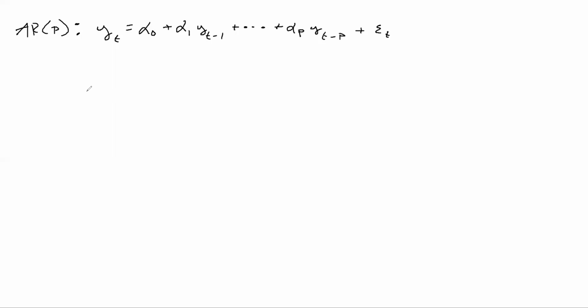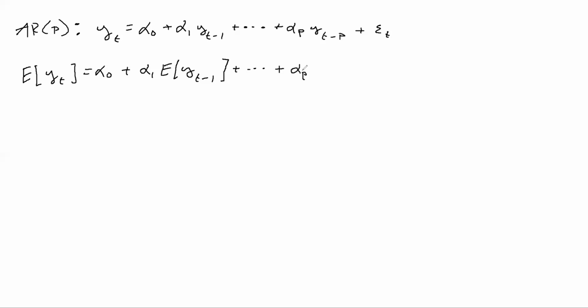So if we take the expected value of Y T, this means it's the expected value of all of this. The expected value of a constant is just a constant, and we can, of course, factor out all of our constants for the expected value.